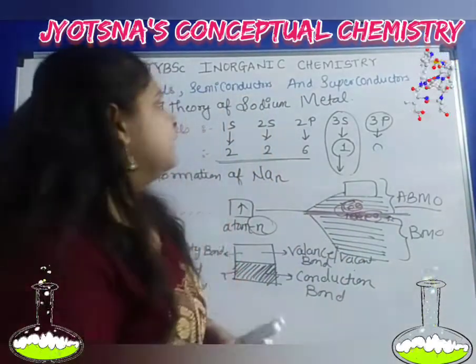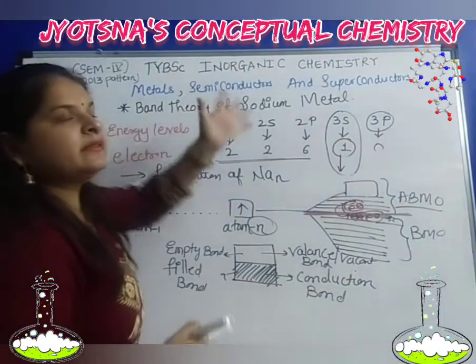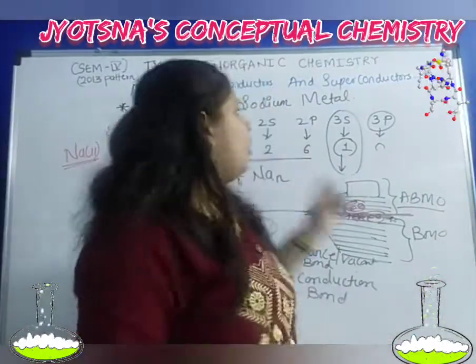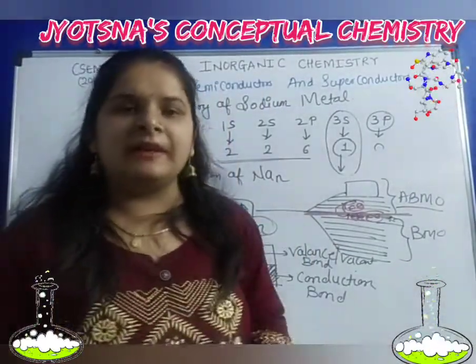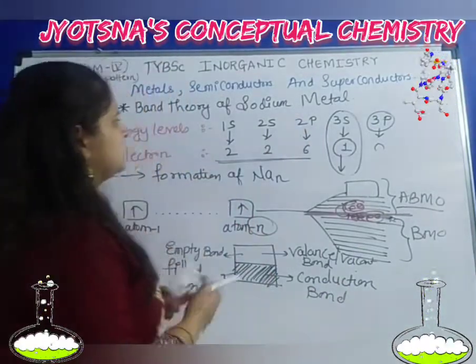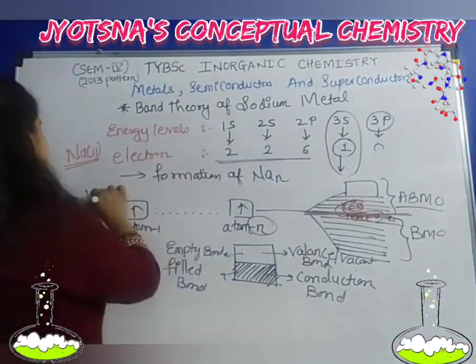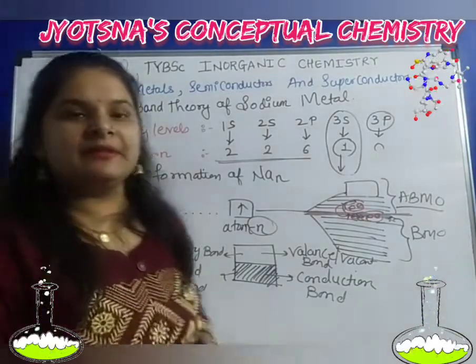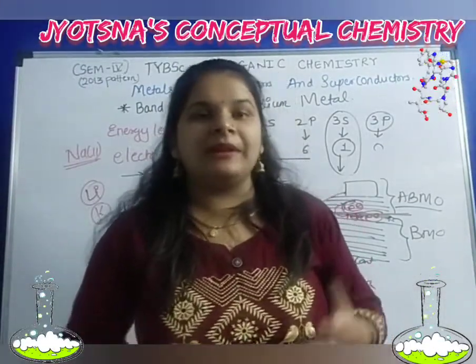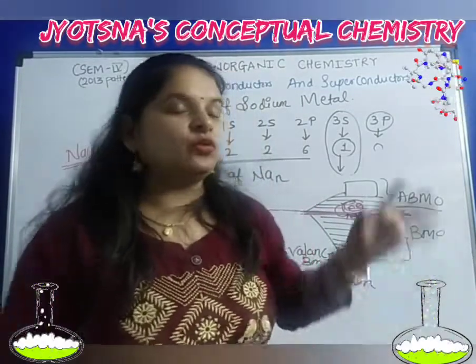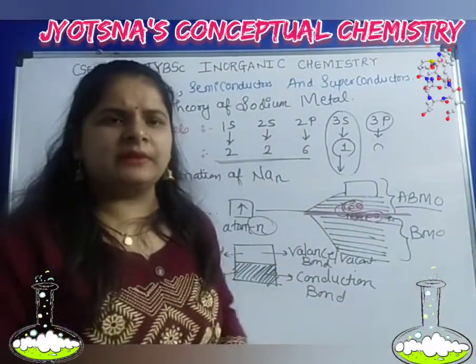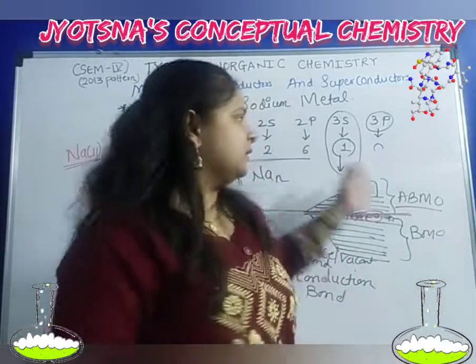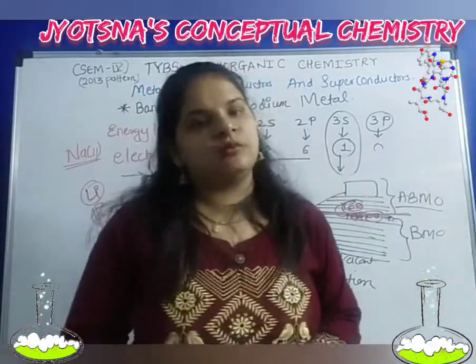In this way, this is the band theory of the sodium metal. In this way, you can see the band theory for lithium, potassium, any of the metals. In this way, the metallic bond is formed. That's why the metallic bond is formed in this way. So thank you.